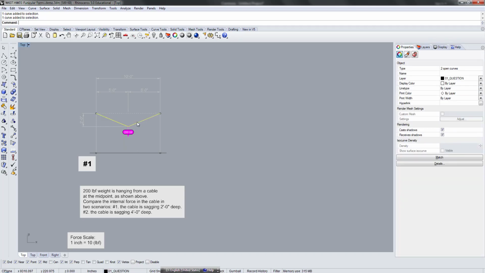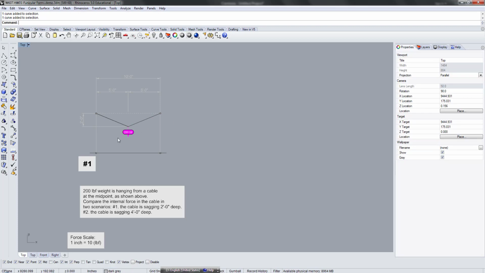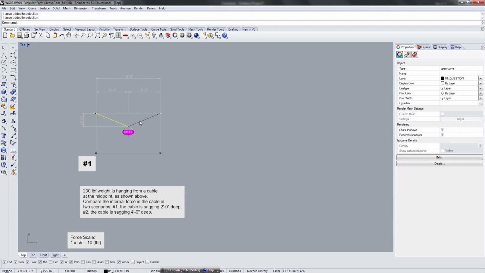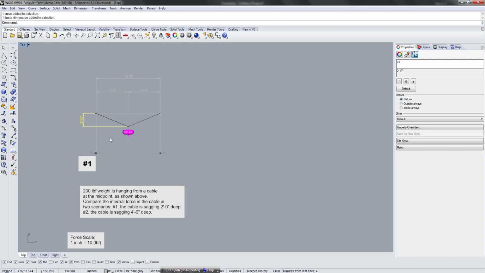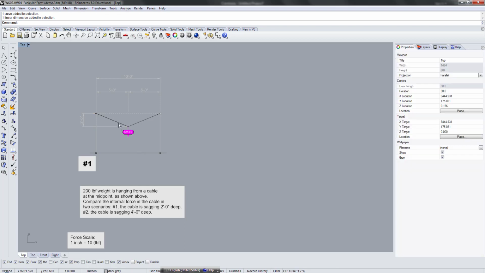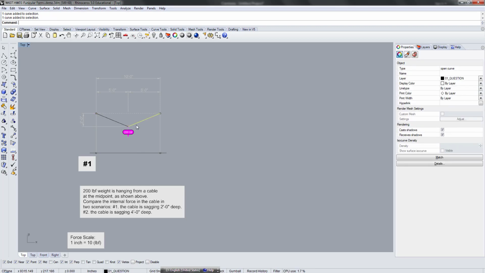So the cable is taking this shape, and we are already defining the actual shape the cable is going to take. This is pretty simple. It's going to sag down 2 feet deep, and we want to determine what the internal force of this cable is. In this case it's pretty obvious that it's in tension because it's a cable that's sagging down.